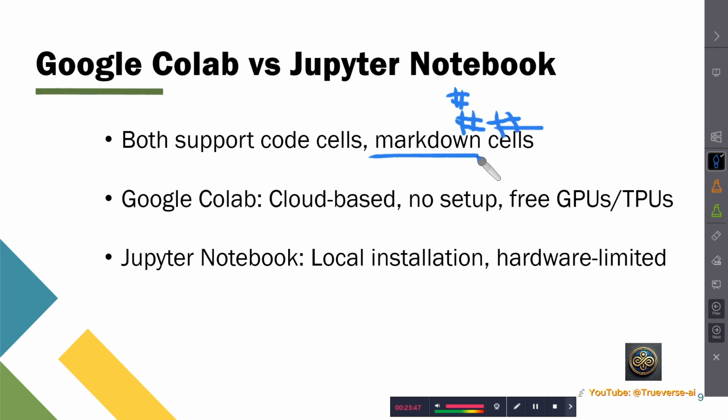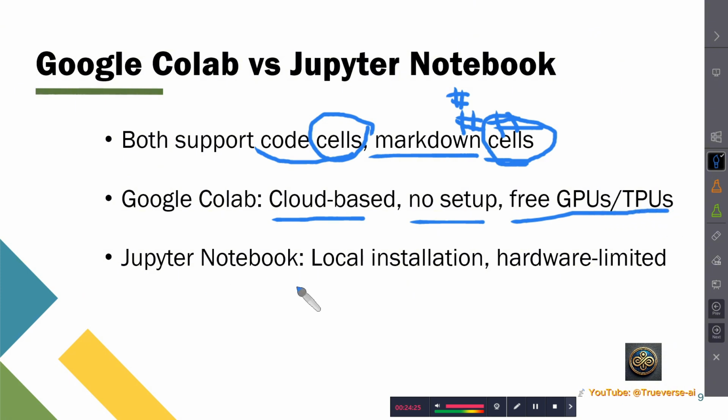This is based on a markup language, meaning that with a simple sign you can control formatting. It is very light. So both code cells and Markdown cells are supported. Because we have two cell types, I will explain: one is for running Python code, and one is for explaining Python code, commenting. So we will talk about that. Remember, Google Colab is simply no setup, free GPU, but Jupyter Notebook needs local installation and hardware.